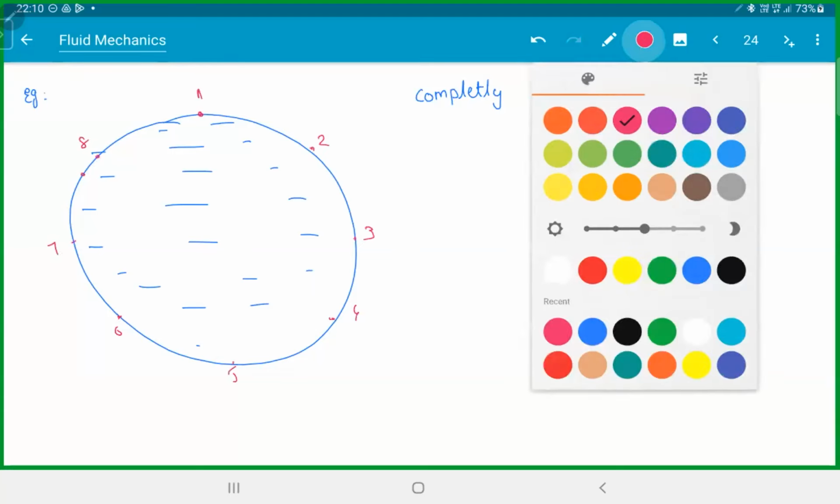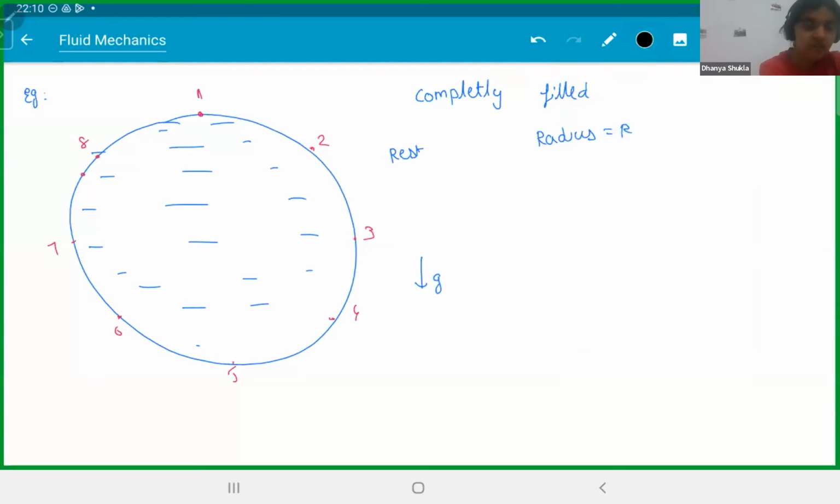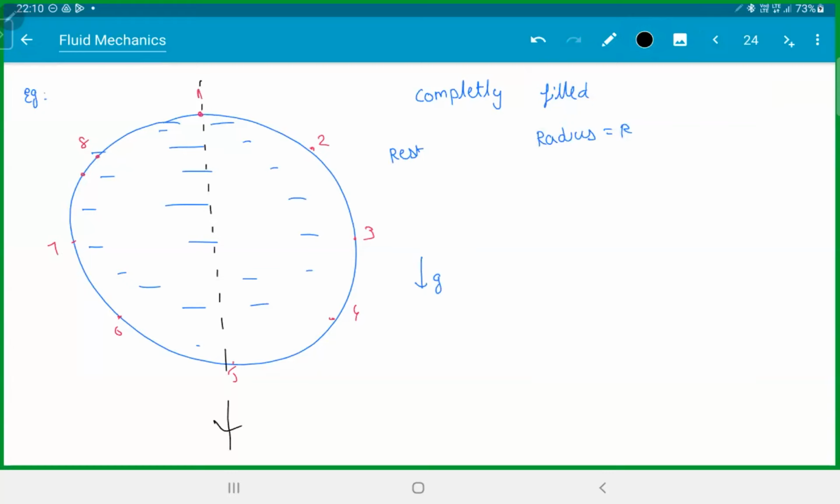And only the gravity is there, like the container is at rest. Radius is there. Who has the highest pressure? So can you tell me here what is down? Towards the center. This is down, right? This is your down, vertical. So who has the highest pressure here?